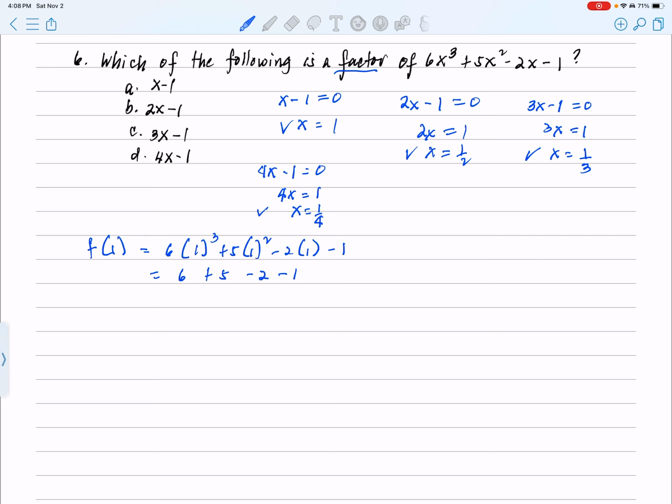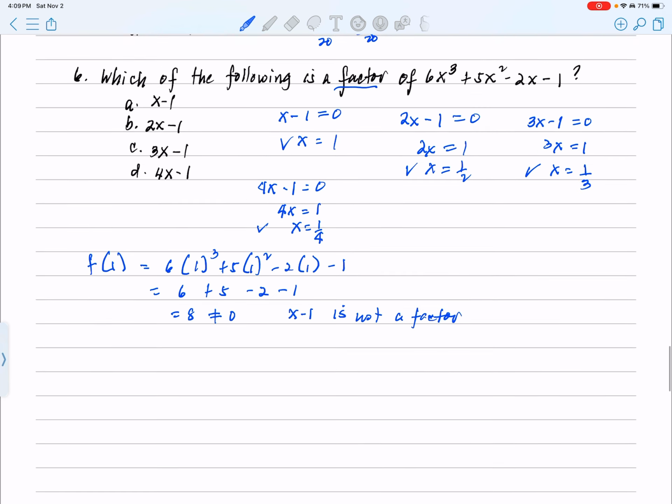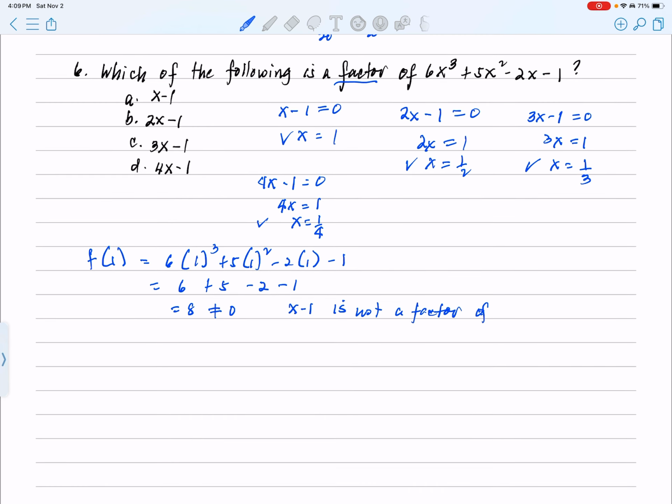What's 11 minus 3? That's 8. So you have 8, and 8 is not equal to 0. So therefore, x minus 1 is not a factor of the function of x given here.